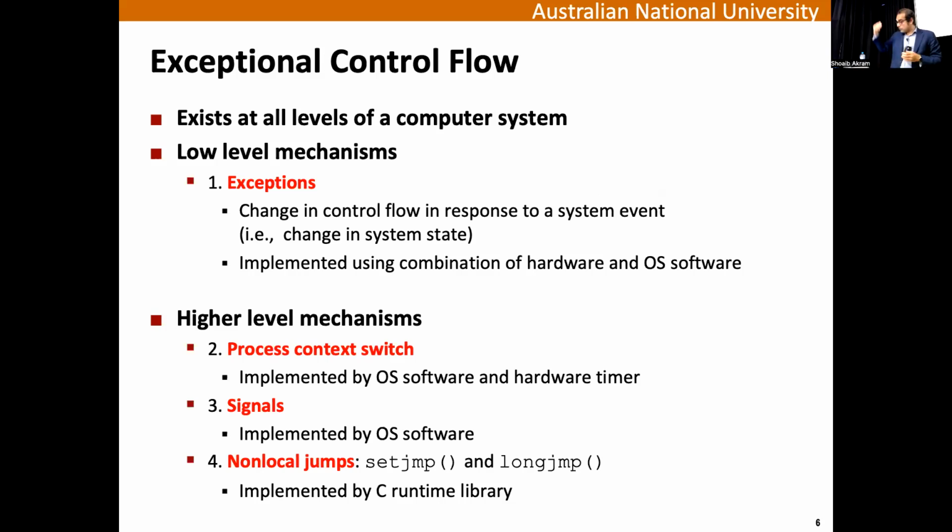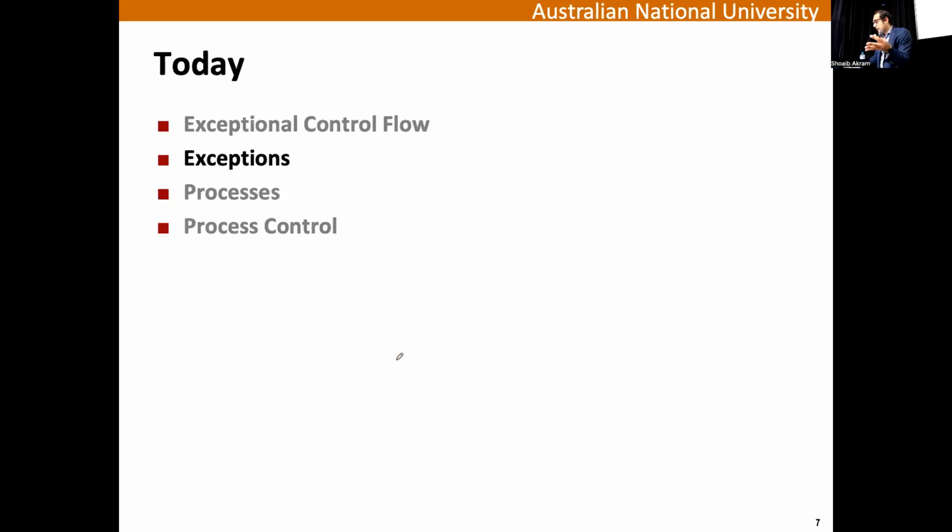And most importantly, the context switch. What it means is when you move from one program to a different program running on the same processor, we call it the context switch. We will look at that. So exceptional control flow is everywhere.